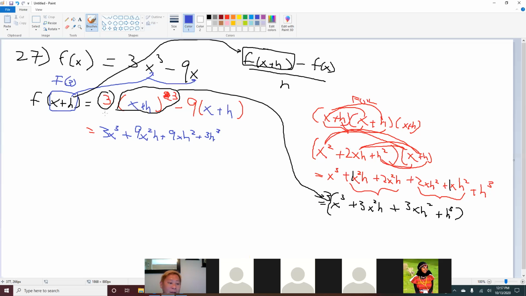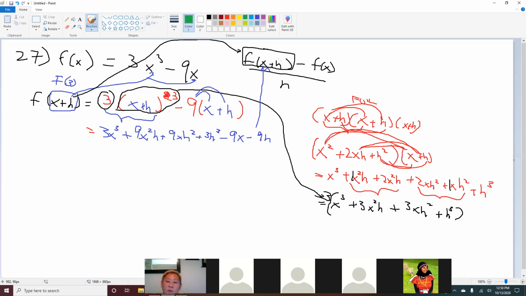And then here you have to distribute your -9, so you get -9x minus 9h. None of these are like terms, and this is just for this part.